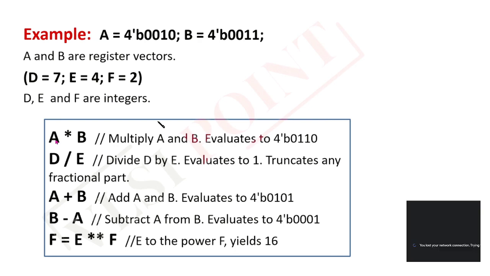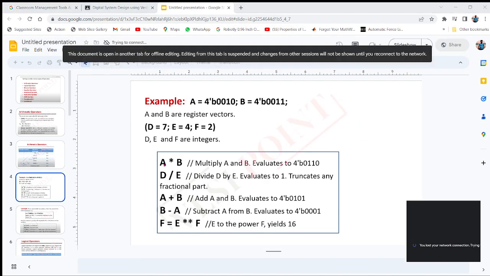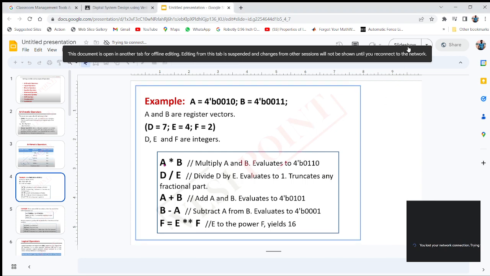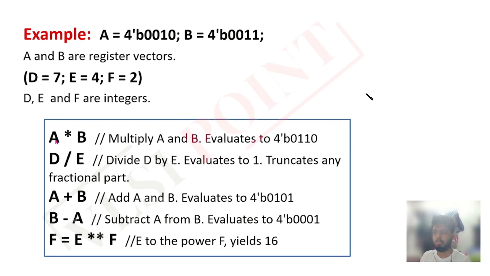Here is an example of the binary arithmetic operation performed where A and B are given this value, and D, E, and F are given this value.